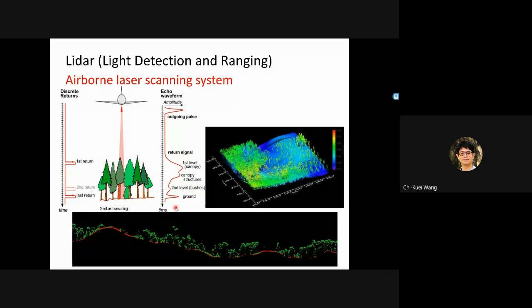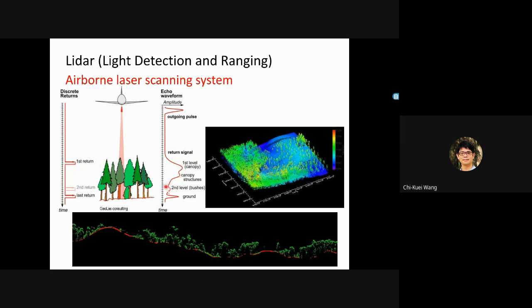Now, on the left-hand side, this is discrete return. For engineering reasons, if we want to record the full temporal history of the signal, that will take a lot of memory of our hard drive. So in terms of engineering, we only want the first return, because we think the first return is the top of the canopy, so we keep it.